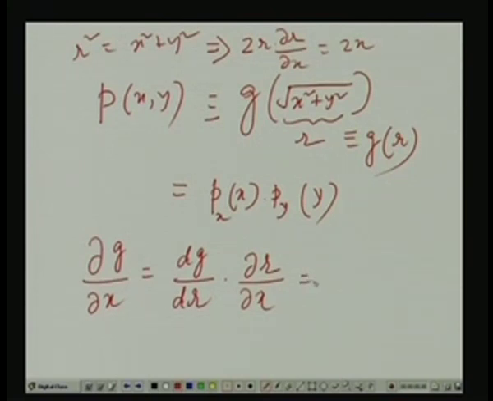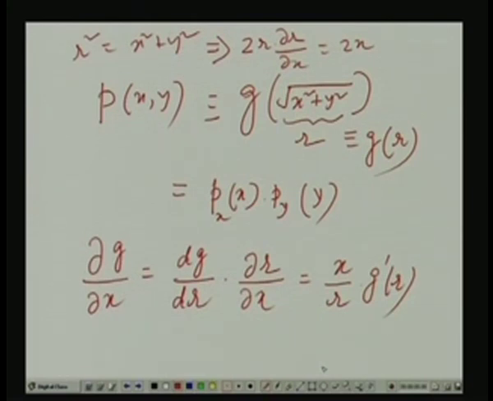So, what I get here is x by r dg/dr, which I call g prime of r. That is the derivative of g(r) with respect to r, that is what we get.